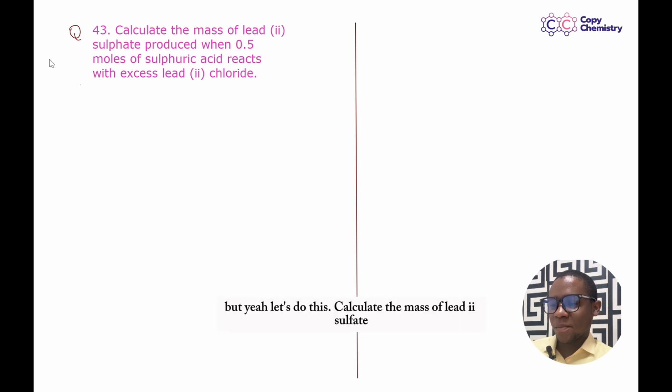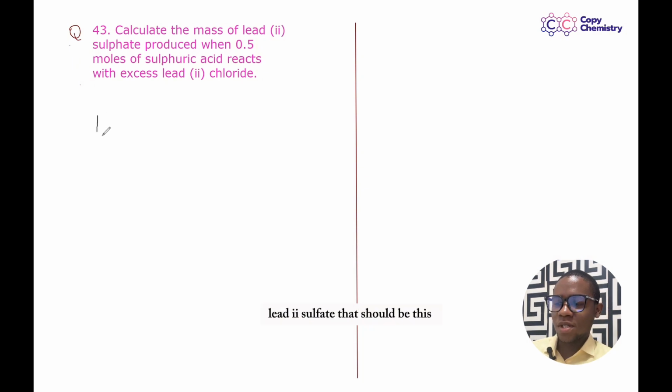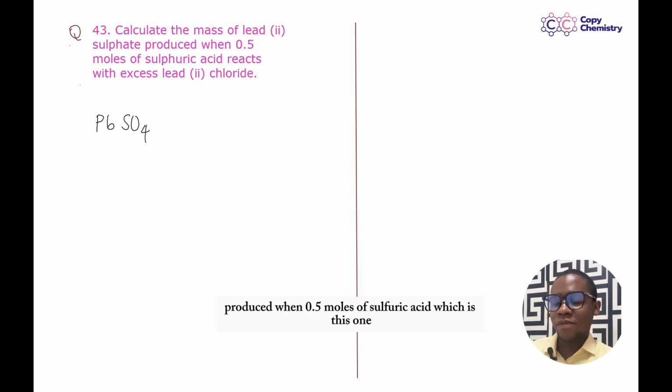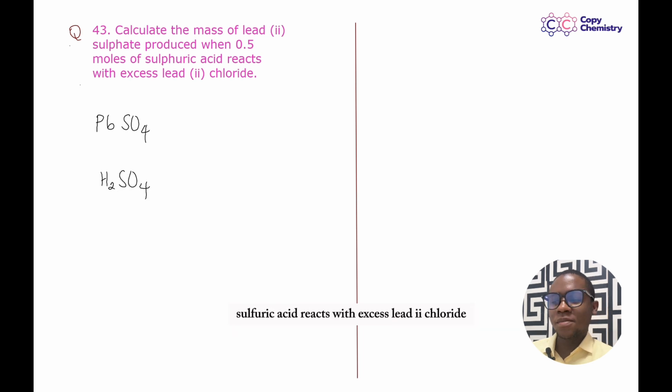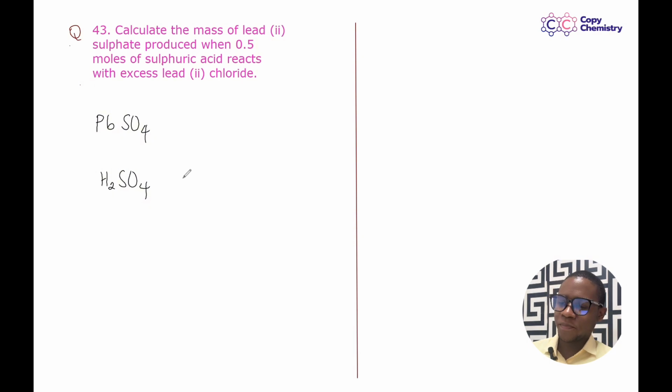Calculate the mass of lead 2 sulfate. Lead 2 sulfate should be this, PbSO4. That's lead 2 sulfate. Produced when 0.5 moles of sulfuric acid, which is this one, reacts with excess lead-2 chloride.